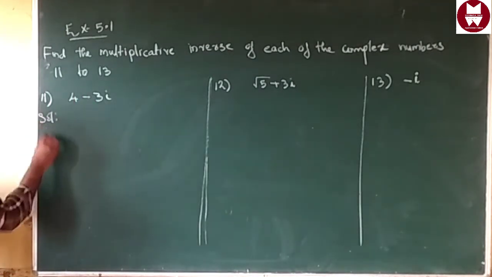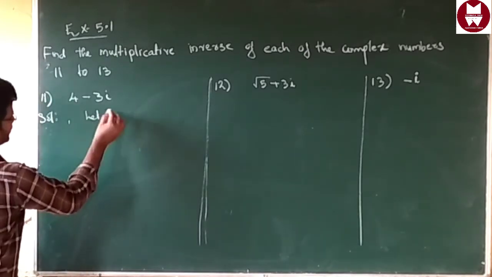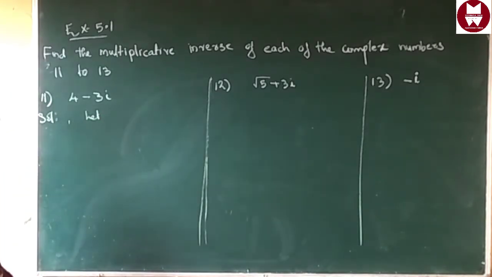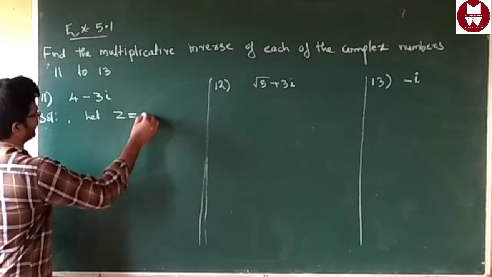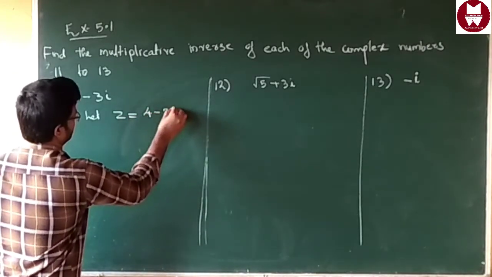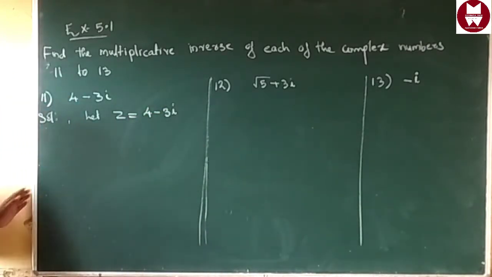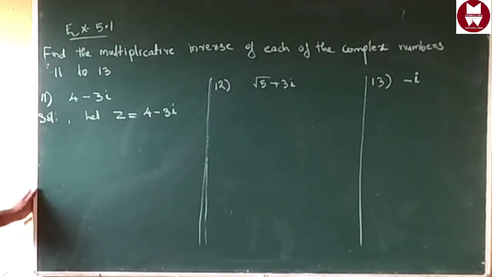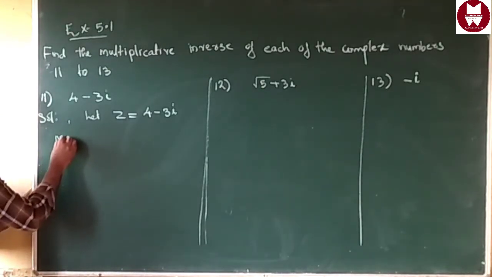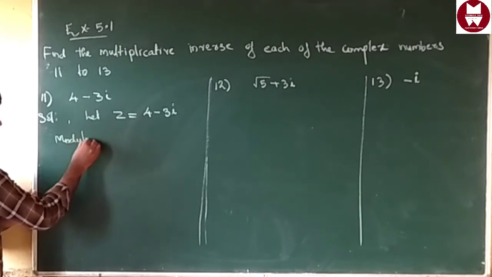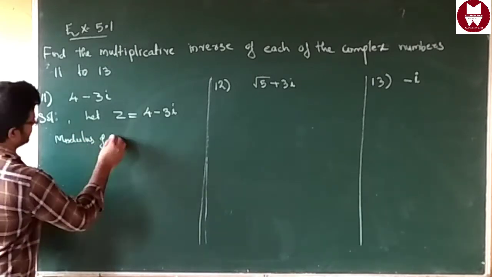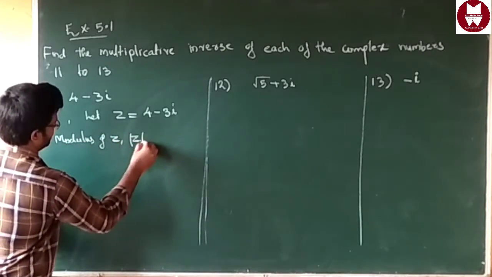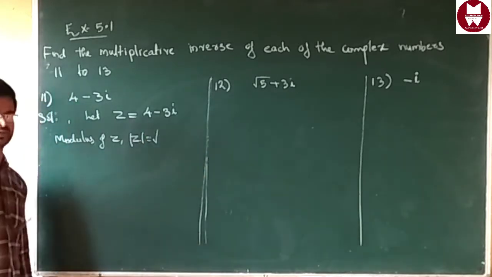First we can give it a name. Let the complex number, normally represented by z, be z equal to 4 minus 3i. Then find the modulus. Modulus of z is square root of a square plus b square.